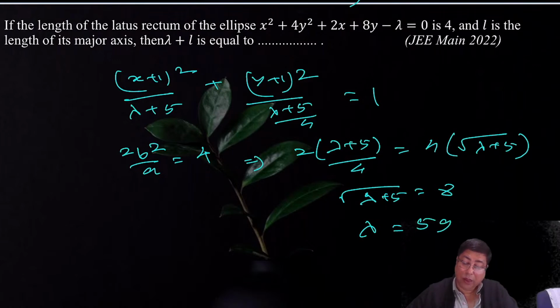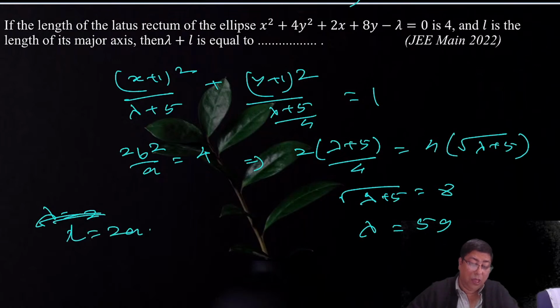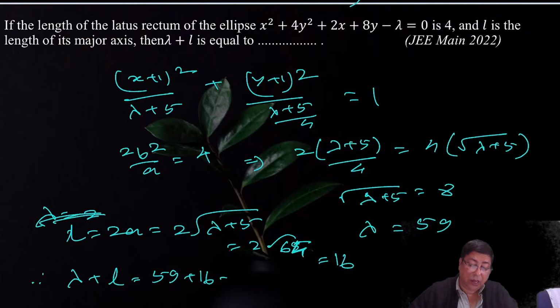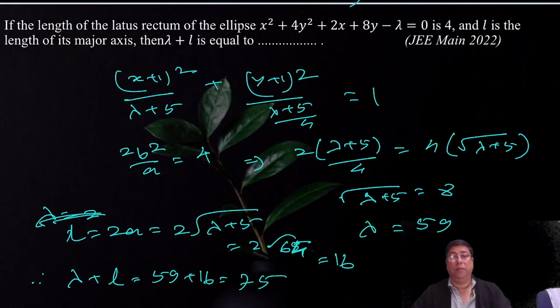Lambda is coming 59, and lambda denominator is not 0, so lambda is not 5. So we can write L equal to 2a. 2a means 2 into root over of lambda plus 5, that is 2 root 64, since lambda plus 5 means 59 plus 5, 64. That is 16 is coming. Therefore, lambda plus L is coming to be 59 plus 16 equal to 75.